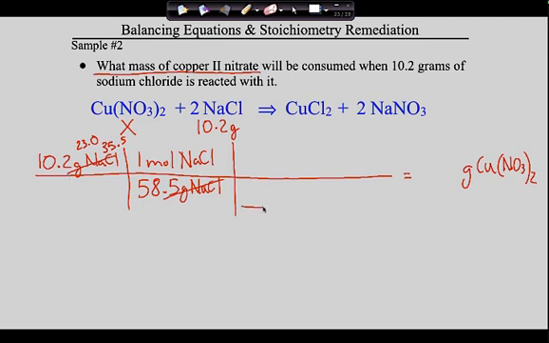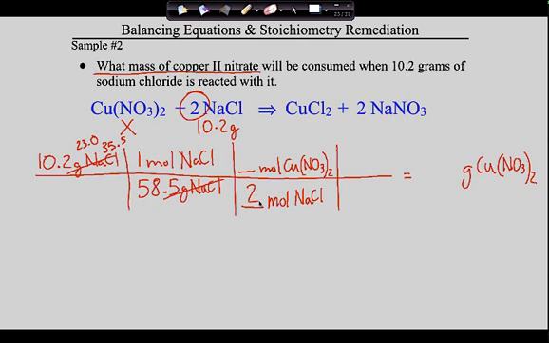Now we need to apply our mole to mole ratio. So bringing NaCl down so it cancels, putting moles of copper 2 nitrate, our goal, on the top. We now need to know the numbers that fill in these blanks, the stoichiometric ratio. So if we go to the balanced equation and look at NaCl, we see that there's a 2 in front.